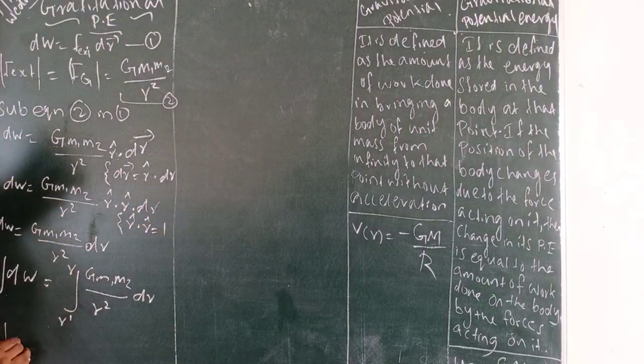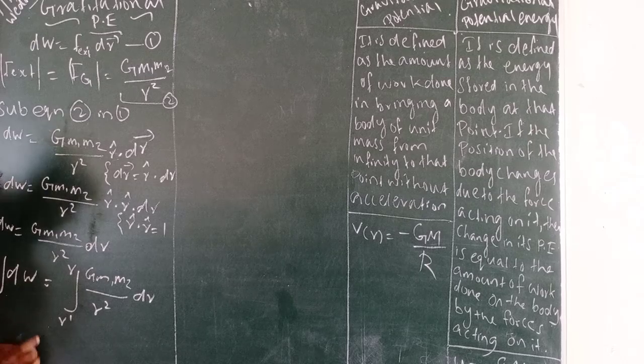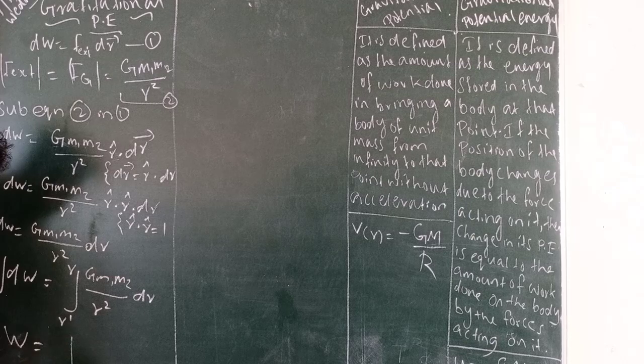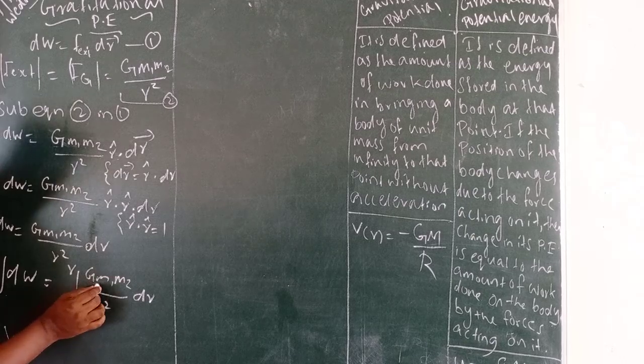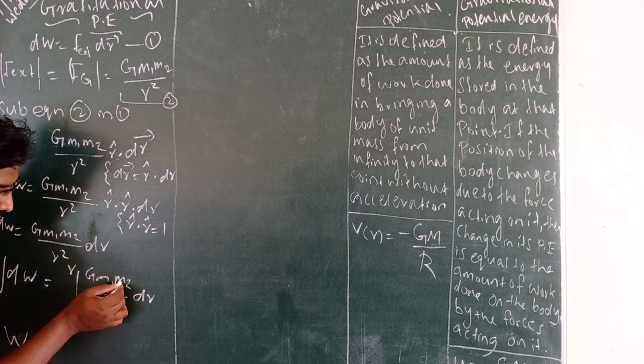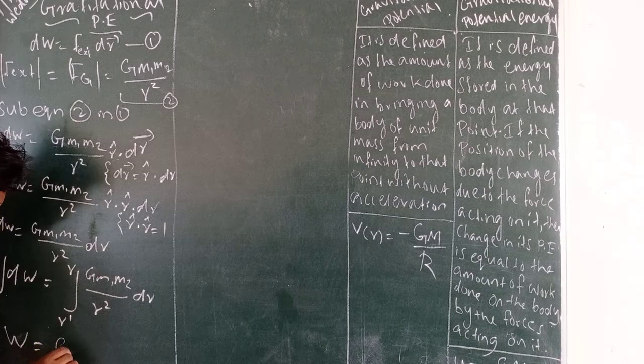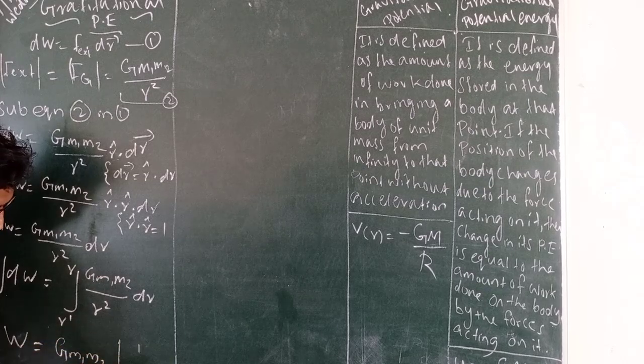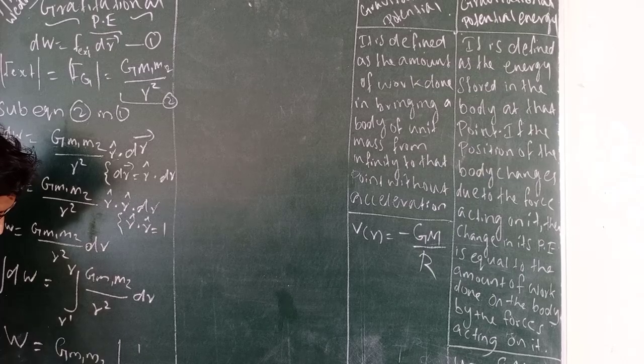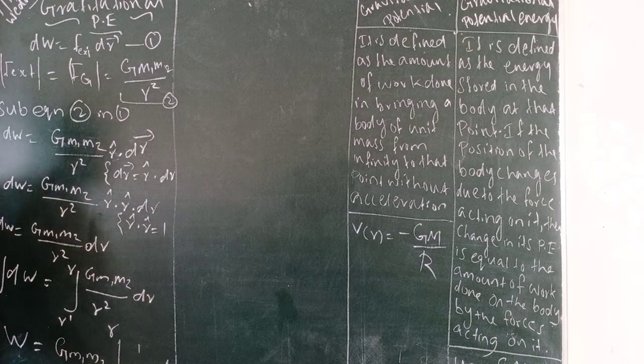From here, dW integration is W, and the limit here. G is common, M1 is common, M2 is common, so take it outside. So G M1 M2 integral from R dash to R of 1 by R square dr.